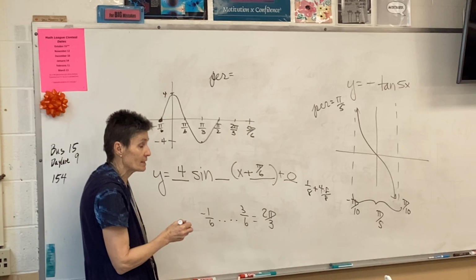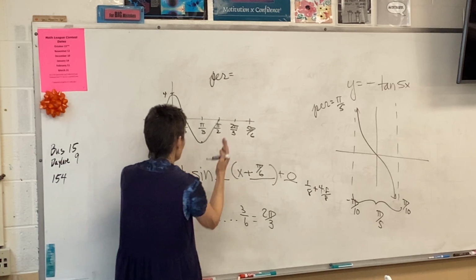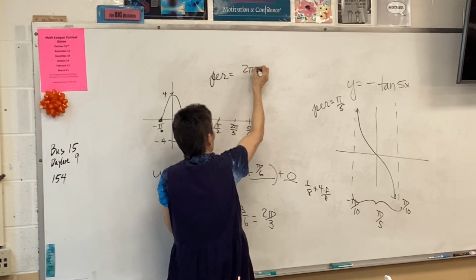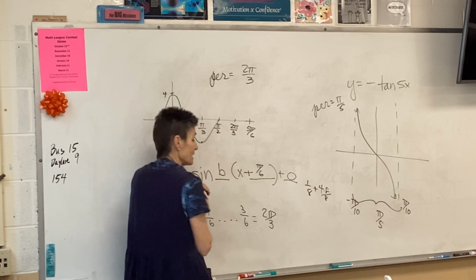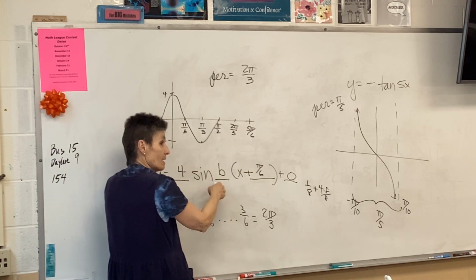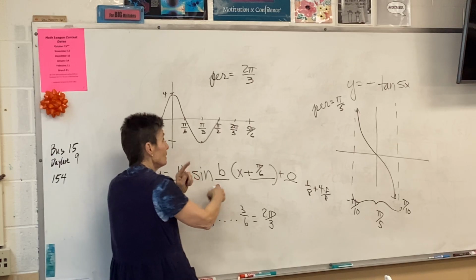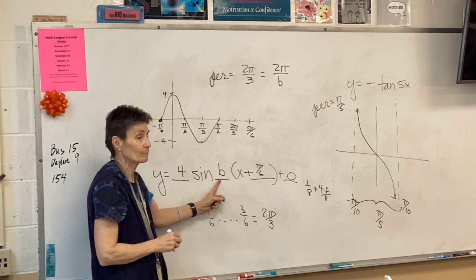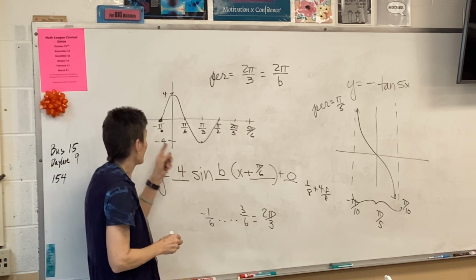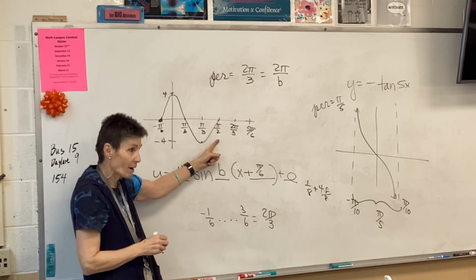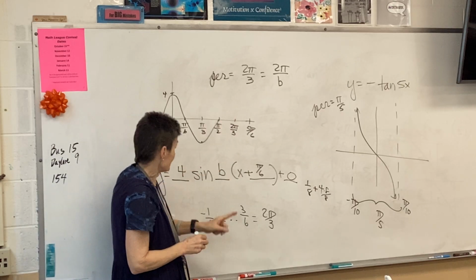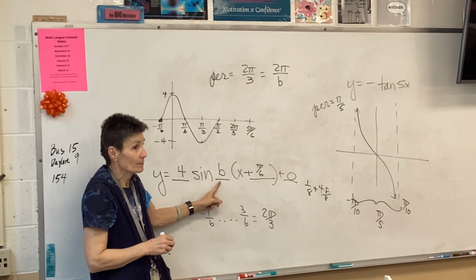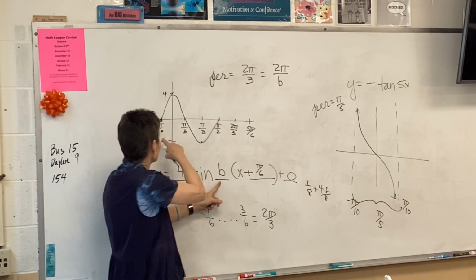So from here to here is actually 2 pi over 3. But remember, let me call this D. My period is calculated by taking 2 pi and dividing it by that number. Since I know my period is 2 pi over 3, then that number has to be a 3, because 2 pi divided by 3 gives me that period.